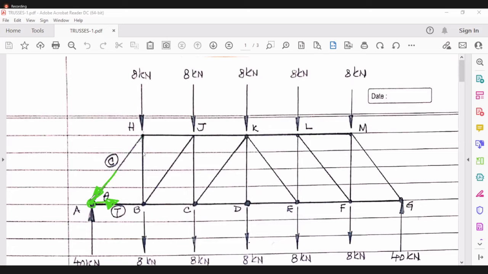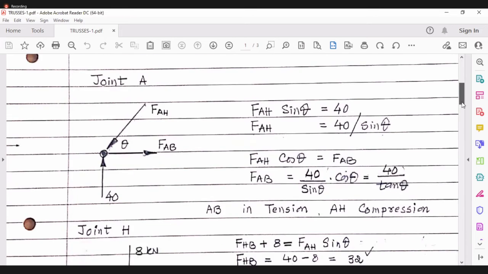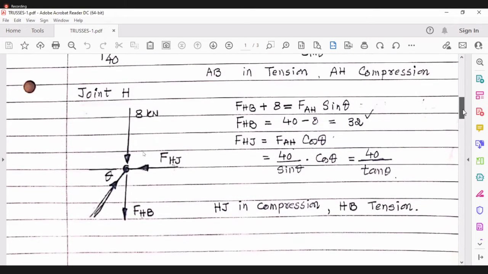Okay. Now having worked on the joint A, we can come to any joint nearby. Either we can go to H or we can go to B. Let us go to joint H first. This is joint A, so where is joint H?